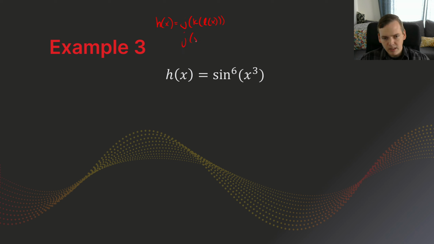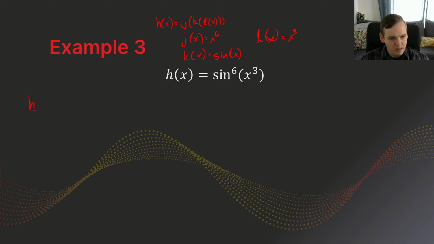So j of x is equal to x to the 6th, k of x is equal to sine of x, and L of x is equal to x cubed. Now, when you're solving problems, say on the AP test, you don't need to write all of this out, but it might be useful when you're first starting or thinking through it to write these out.